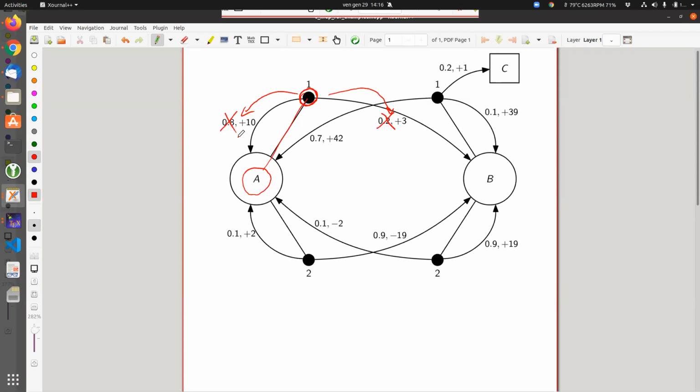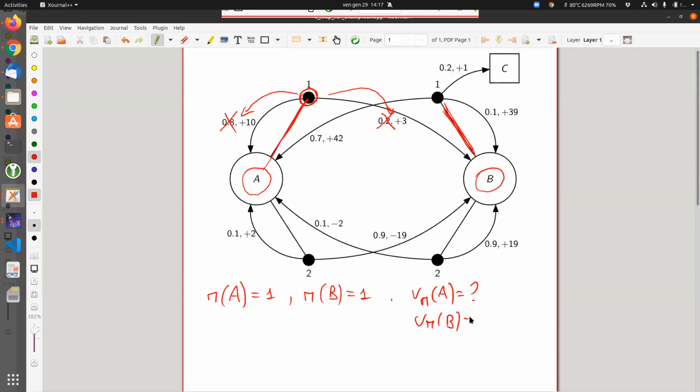The only thing you can do is: I have a policy that in A chooses 1 and in B chooses 1. Let's say the policy is fixed and deterministic: policy of A is 1 and policy of B is 1. What is the value of this policy?